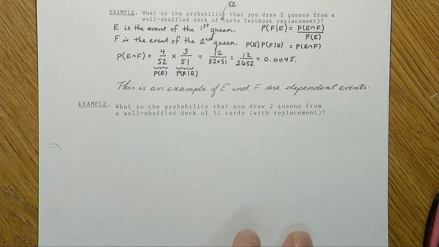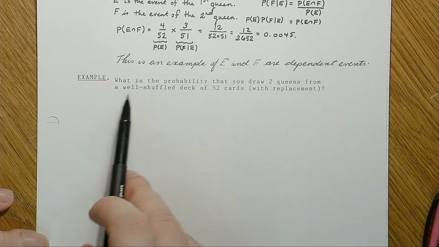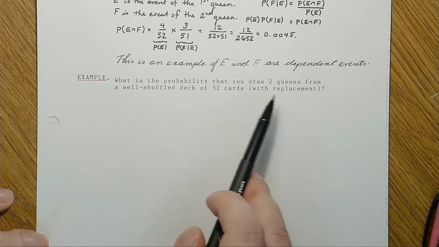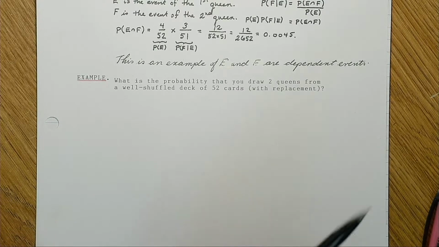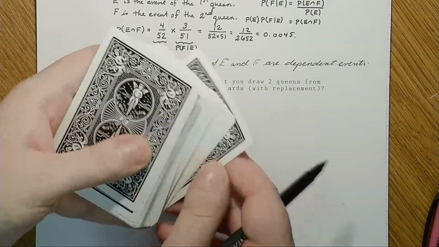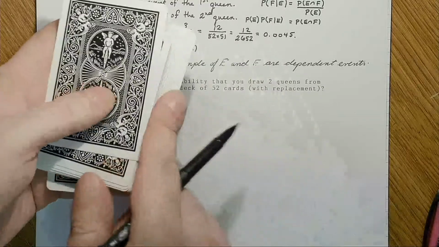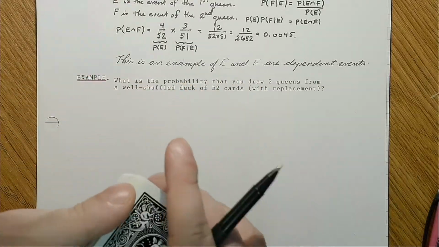Now, let's consider this case. What is the probability that you draw 2 queens from a well-shuffled deck of 52 cards with replacement? So what that means is that you'll draw a card, and then you put it back into the deck.